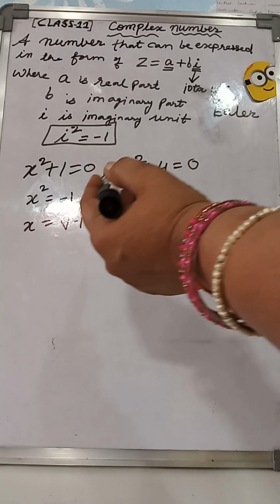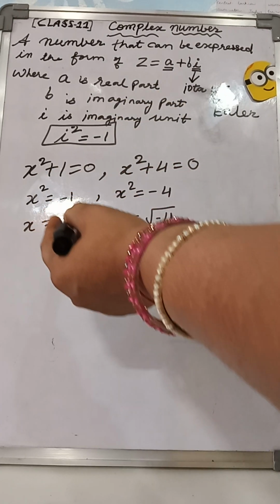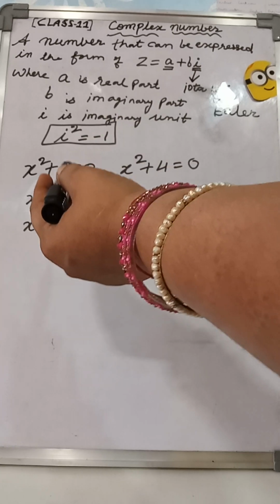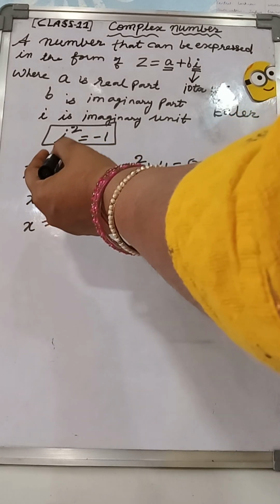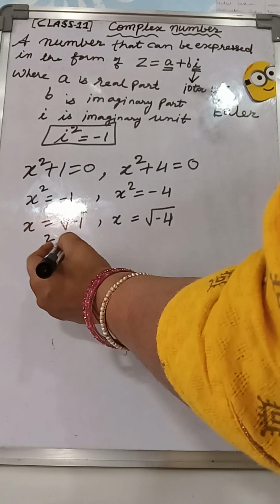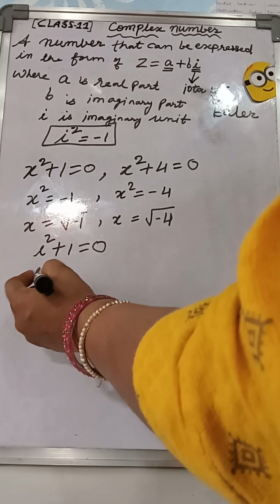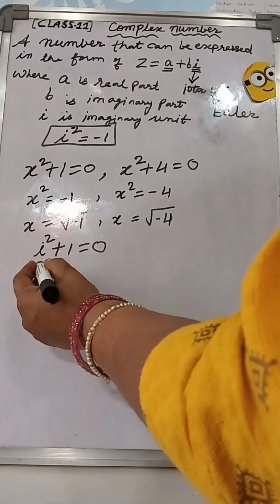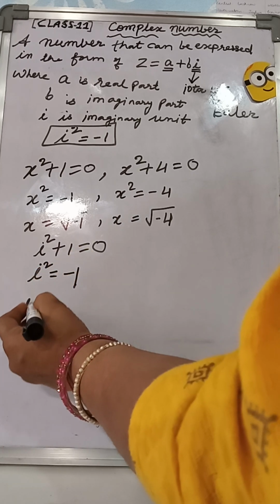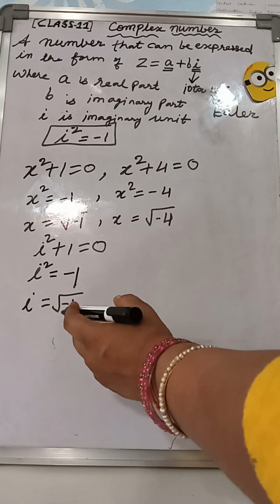To obtain solution of such equation, it became necessary to extend the number system. So they introduced number iota with the property iota square plus 1 equal to 0, or iota square equal to minus 1, or iota is equal to under root minus 1.